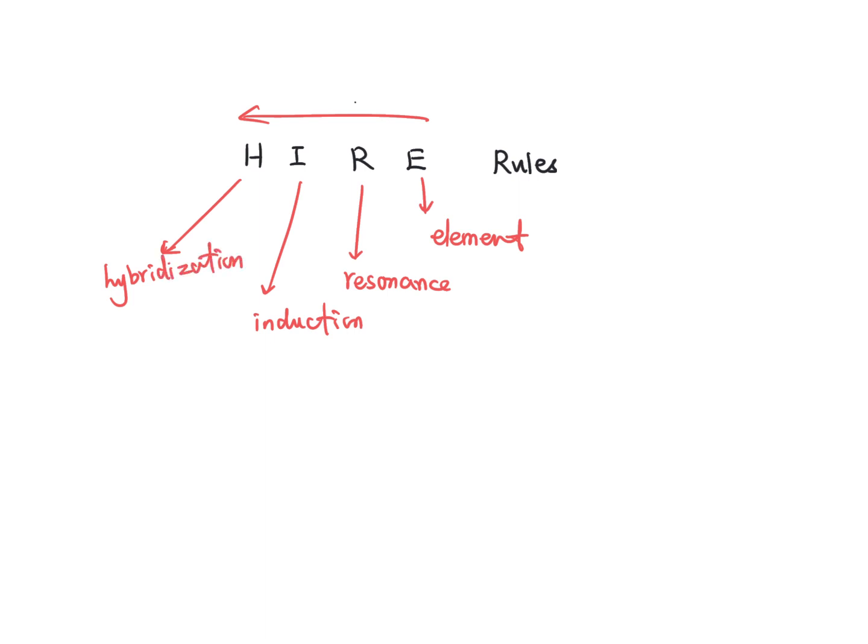So where can we apply the HIRE rules? The HIRE rule is the rules that we will use to qualitatively analyze the strength of the acid. But how? If we have one acid, acid works as acid, basically it will donate a proton and then form its conjugate base. Imagine if this conjugate base is stable.